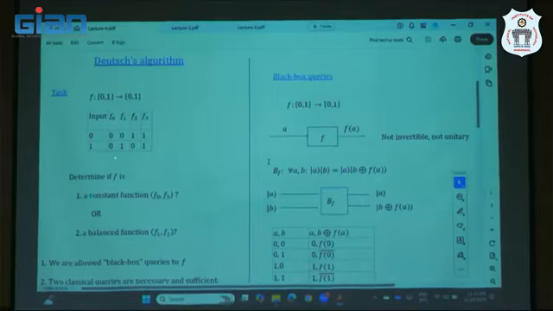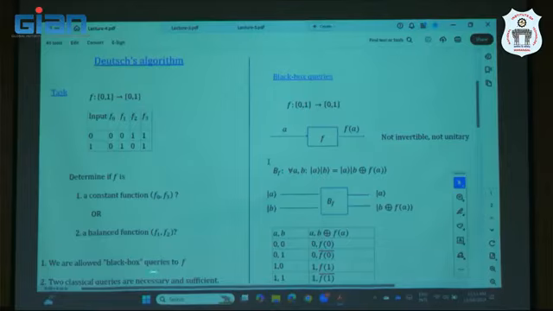Constant function is where both the values are the same, 0, 0 or 1, 1. Or it's a balanced function, that is 0, 1 or 1, 0. Agreed? So we are simply trying to determine whether given f is a constant function or a balanced function. That's all it is.